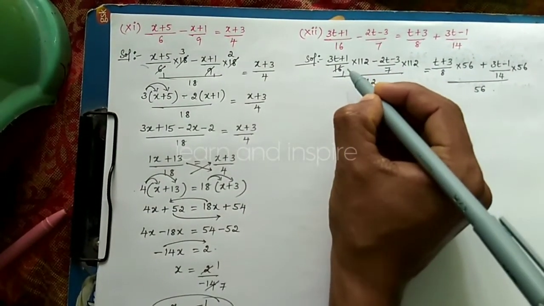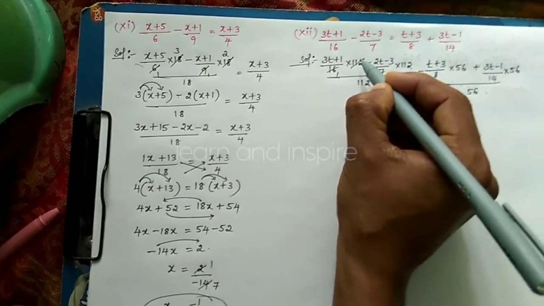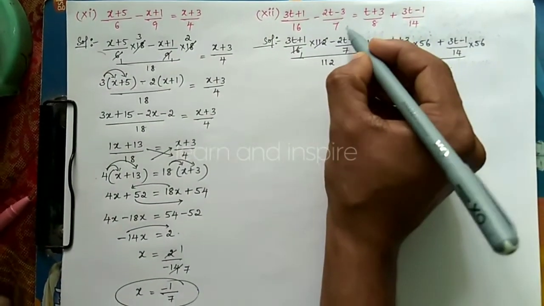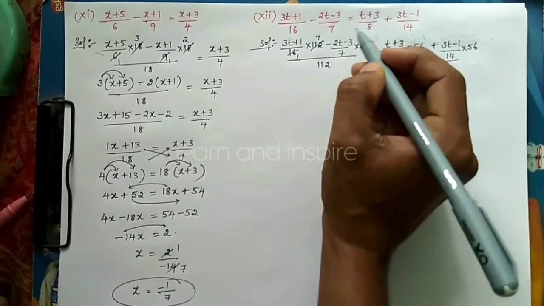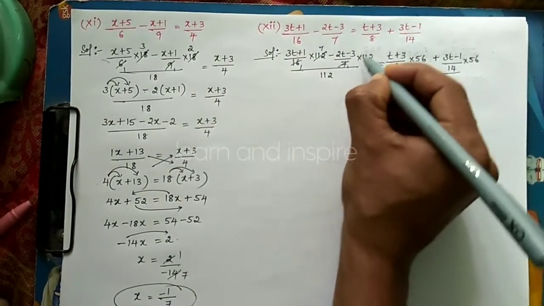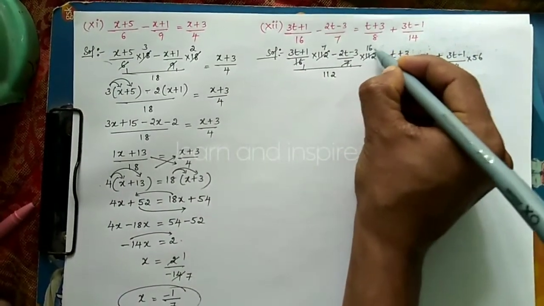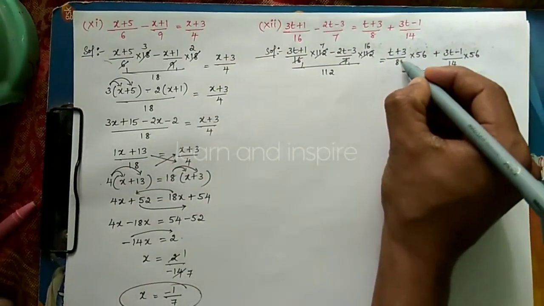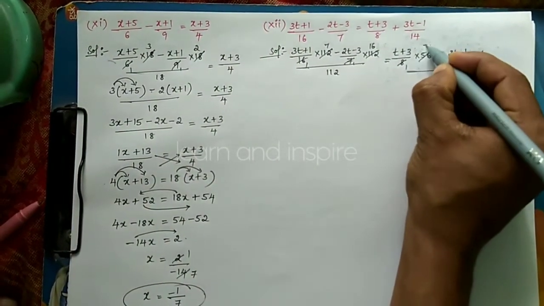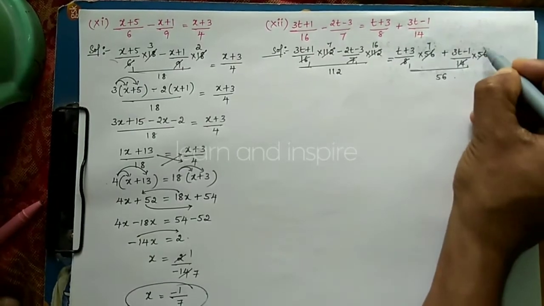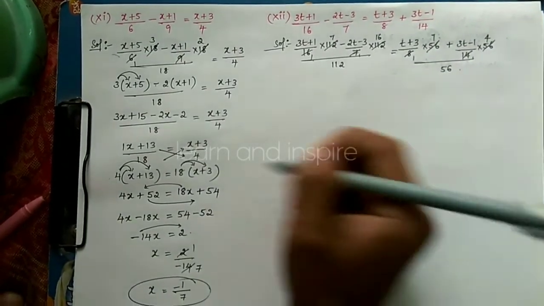16 ones are 16, 16 sevens are 112, and 7 ones are 7, 16 sevens. Okay, now we can cancel with 8: 8 ones are 8, 8 sevens are 56, 14 ones are 14, 14 fours are 56.